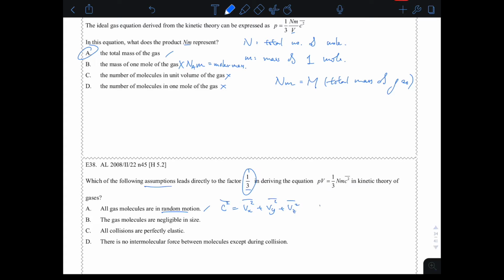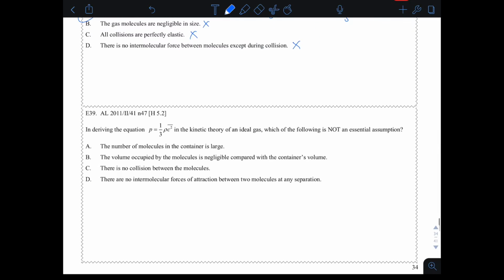So c squared is equal to 3 times vx squared, which means vx squared is c squared over 3. This is all based on the symmetry, because of the fact that this is random. And then all these are not the same, are not related. The answer is A.